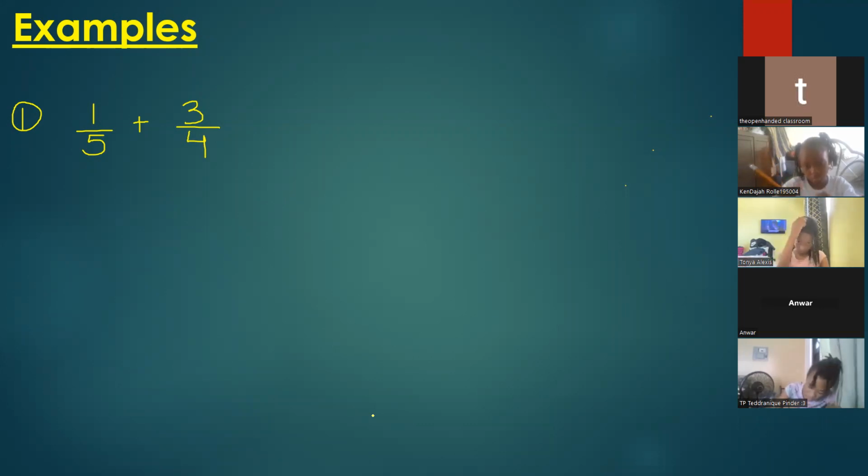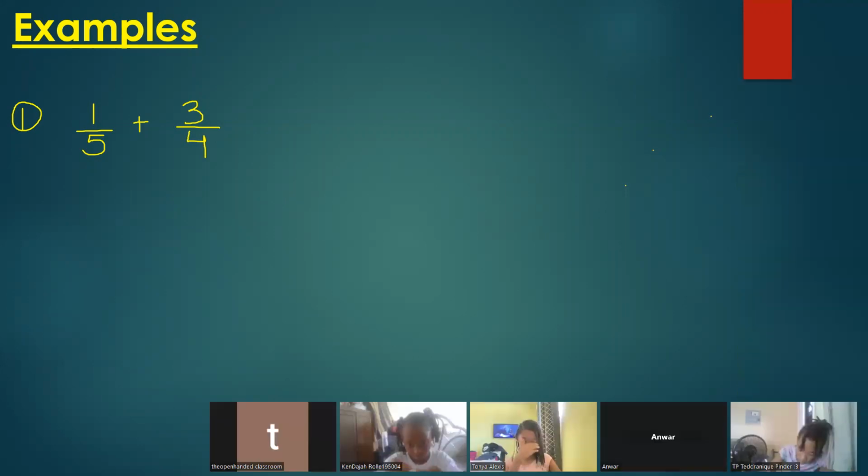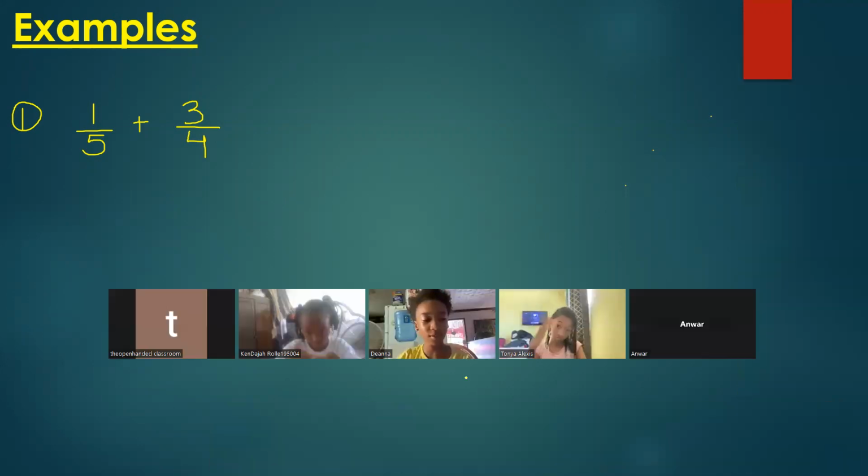No, sir. So what must we do to answer this question, Diana? What's the first thing we must do? When adding fractions with unlike denominators, you must first make the denominators the same. So we have to make the denominator the same. Very good.